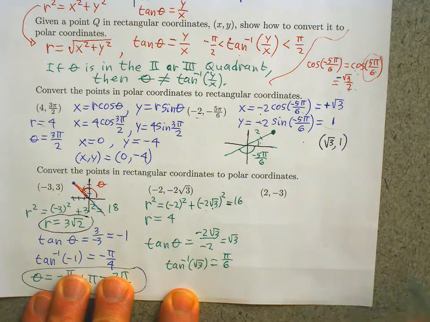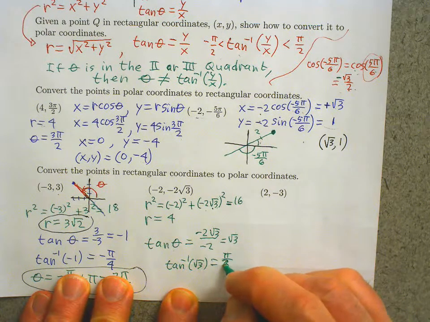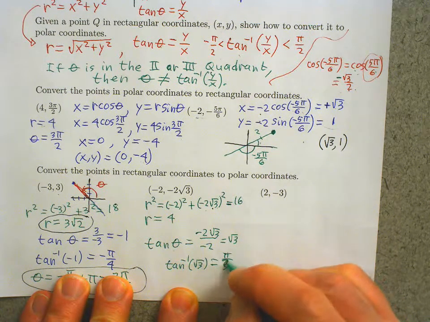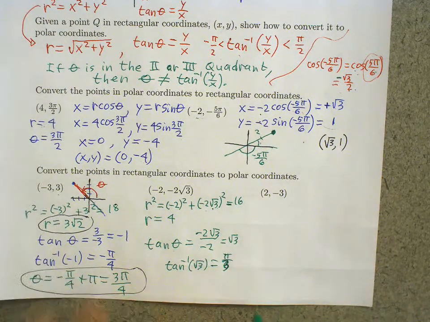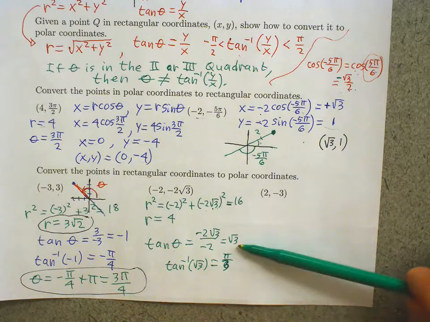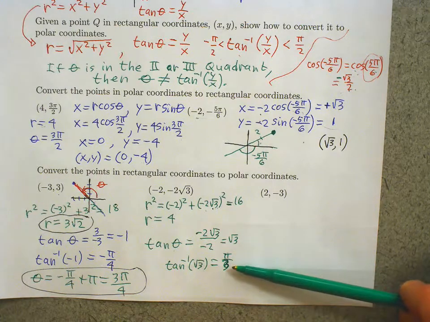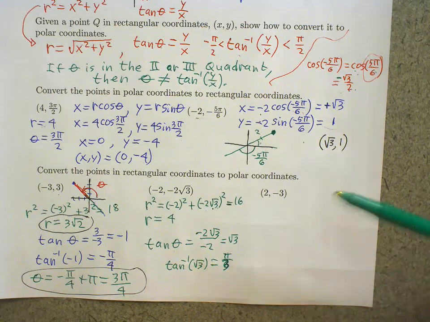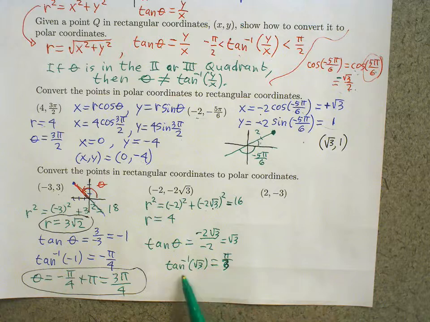I did that wrong. It's pi over 3, right? Because tangent is sine over cosine, and sine of pi over 3 is the square root of 3 over 2 divided by cosine of pi over 3, which is 1/2. Yeah, so the inverse tangent of the square root of 3 is pi over 3.